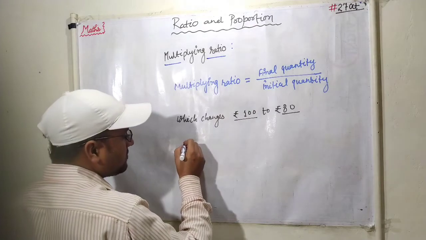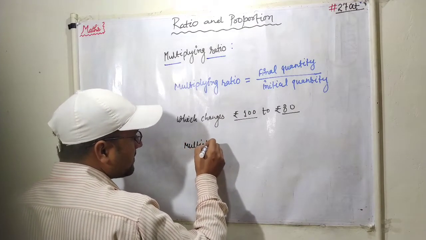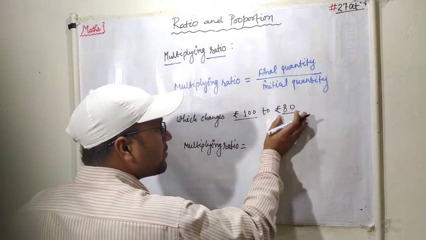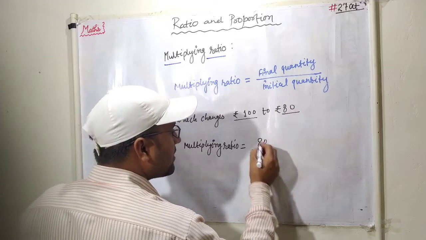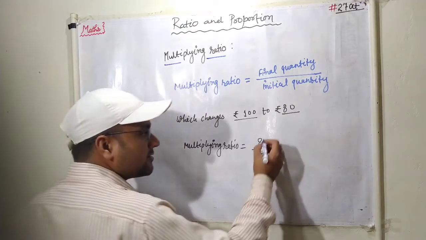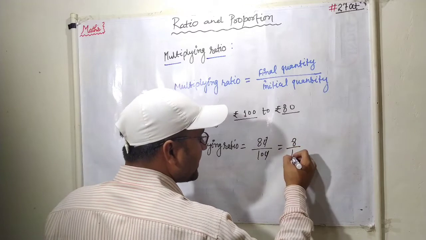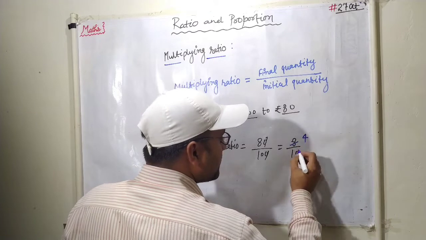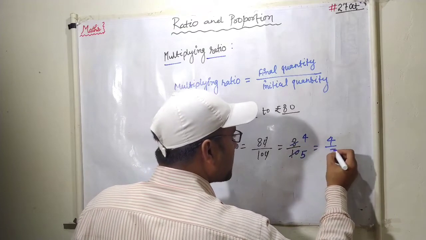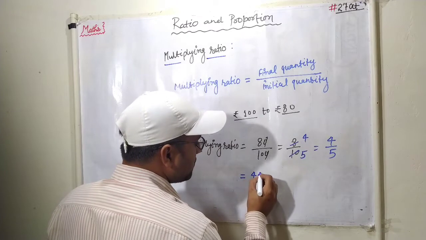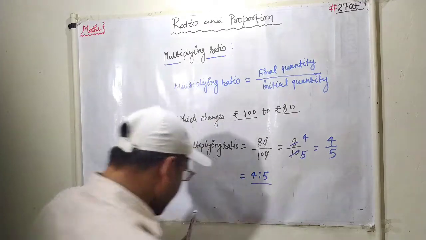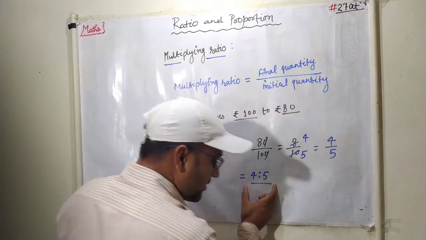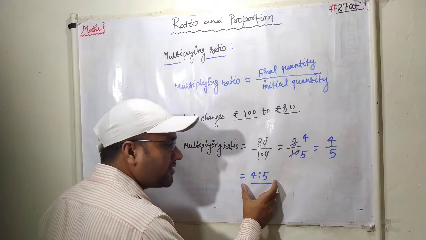So the multiplying ratio is equal to final quantity upon initial quantity. 0 is cancelled by 0, so you get 8 upon 10, and it is again cancelled by 2. 2 4s are 8 and 2 5s are 10. What you get is 4 upon 5, or in the form of a ratio, 4 ratio 5. So the multiplying ratio is 4 is to 5.